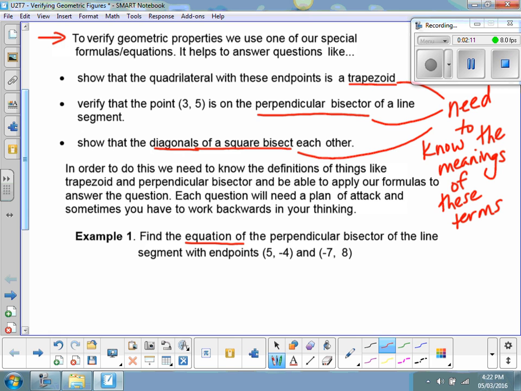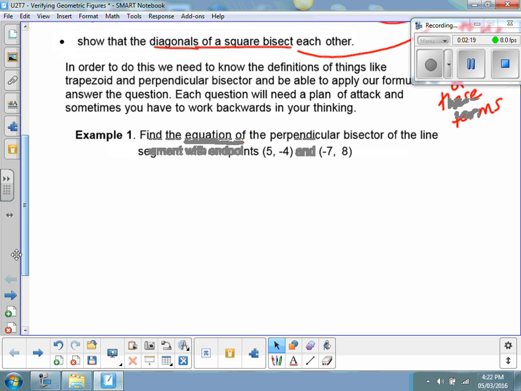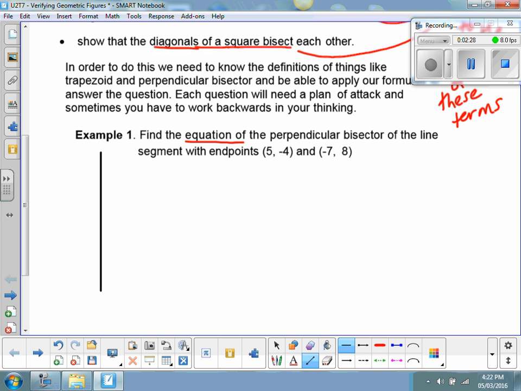Okay? So I'm going to just draw a picture of what this looks like. Now the picture is not necessary, but I really feel like in this question it's going to be helpful to get a sense of what the picture looks like.